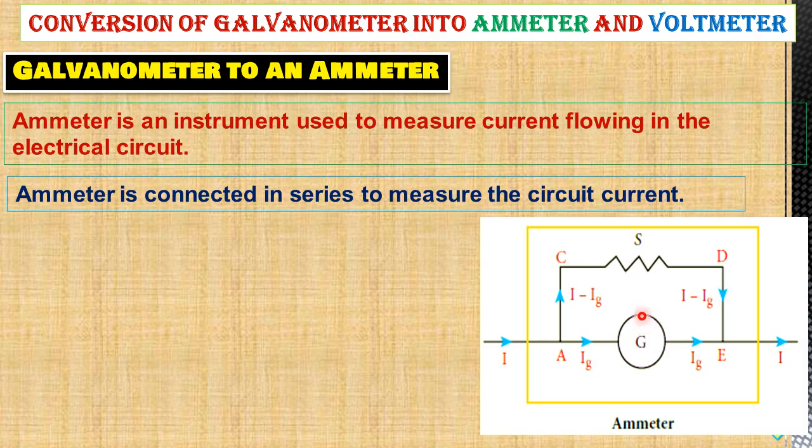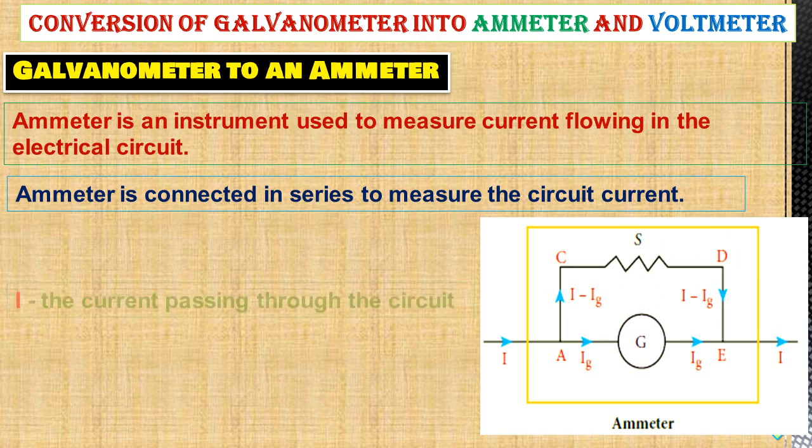This low resistance is called the shunt resistance S. The scale is now calibrated in ampere, and the range of the ammeter depends on the value of the shunt resistance.